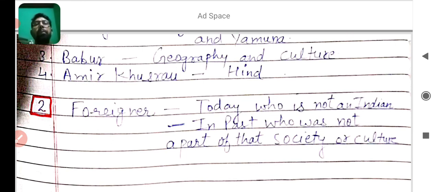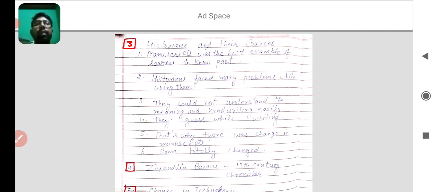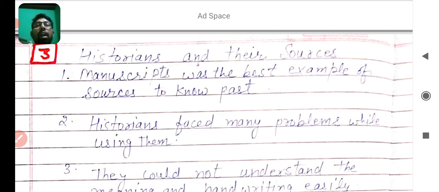Next word is foreigner. You learned that foreigner nowadays is known as a person who is not a citizen of India. But in the past, anyone who was not a part of that society or culture was known as a foreigner, and in Hindi it was known as ajnabi. And the next major point of the lesson is how the historian uses sources.